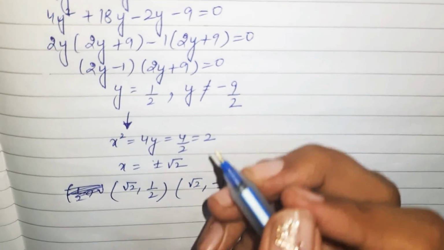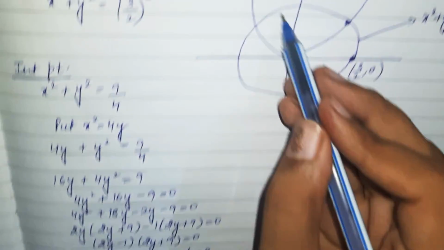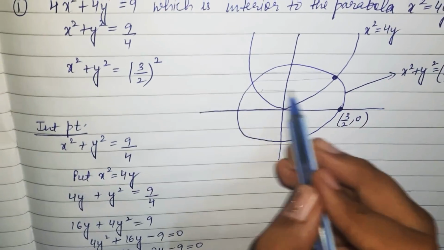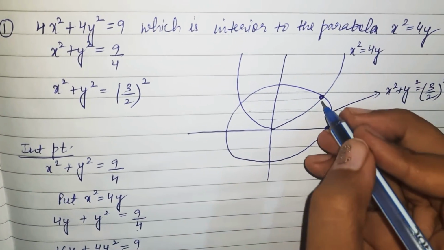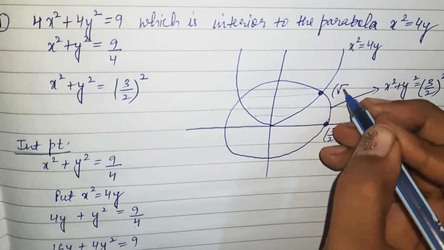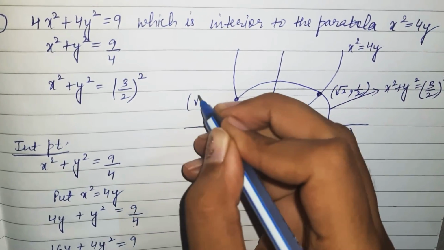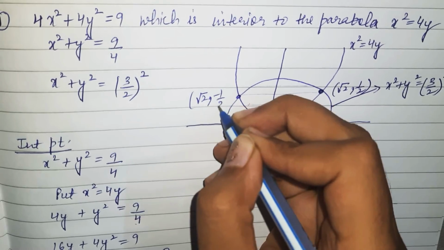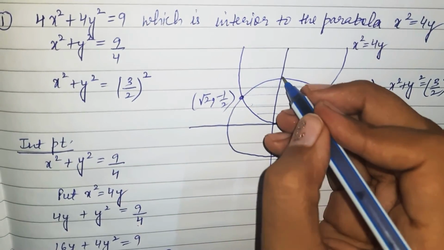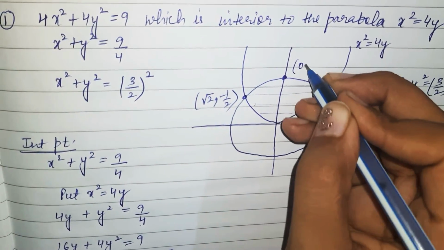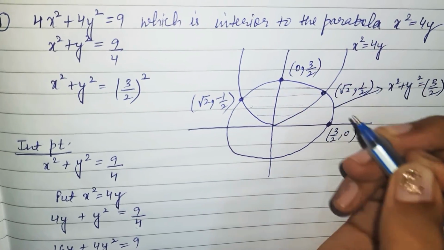Now see, if I'll talk about this area, basically I need to calculate this area. So the intersection points are root 2 comma 1 by 2 and minus root 2 comma 1 by 2. And if I'll talk about the radius, this will become 0 comma 3 by 2 because this is on the y-axis.